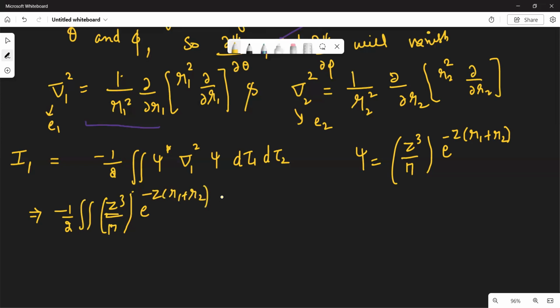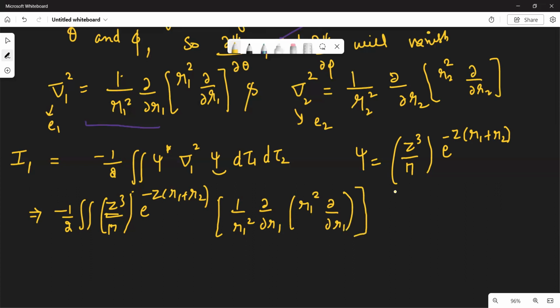Here I will write the expression for del 1. Del 1 square is 1 by r1 square, del by del r1, r1 square, del by del r1, again psi.